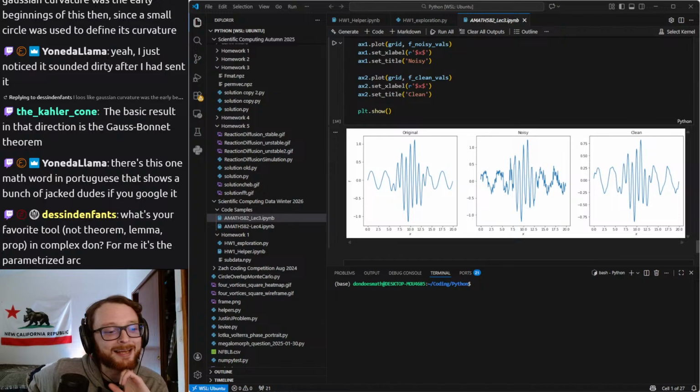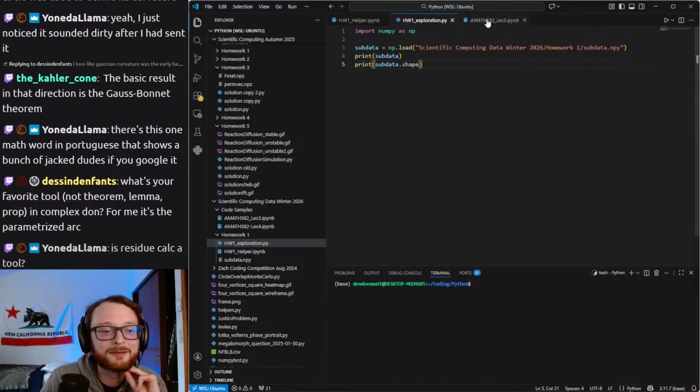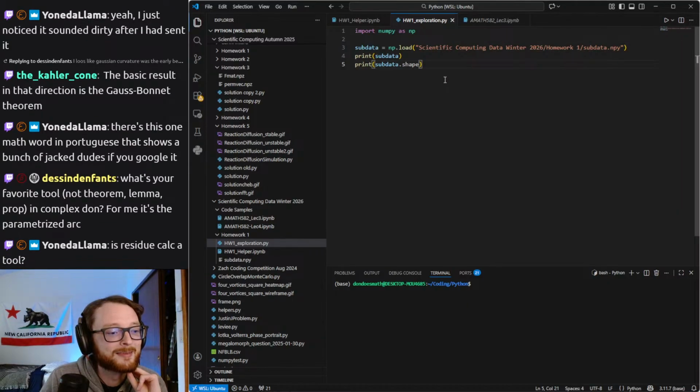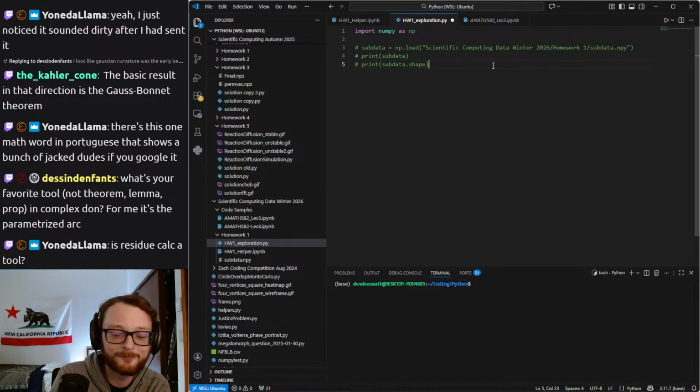I guess I would do that. There is like a Fourier's theorem or whatever, but yeah, I feel like saying residue calc is basically saying a theorem though. I don't know. Depends how we're counting them.